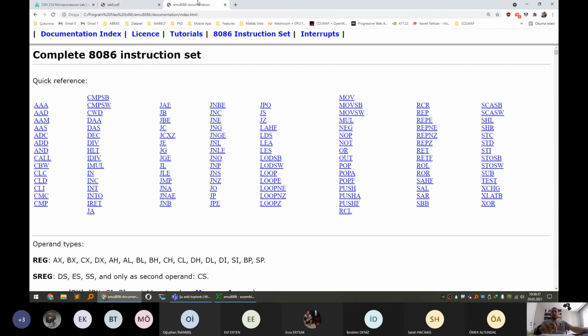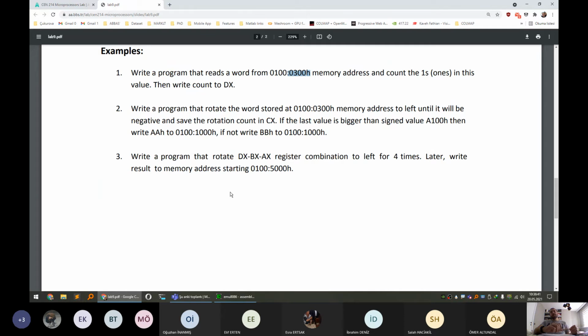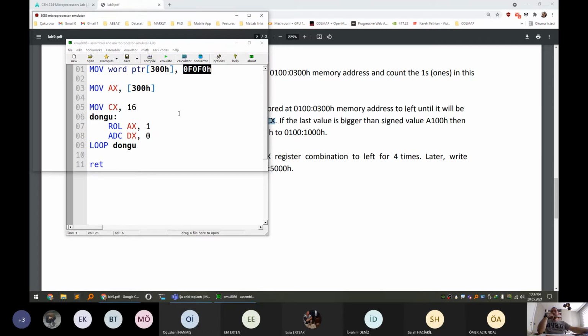Okay, so the second example. Write a program that rotates the word stored at the 300H memory address to the left until it becomes negative and save the rotation count in CX. Okay, we have a value in here. Let's put some positive value.